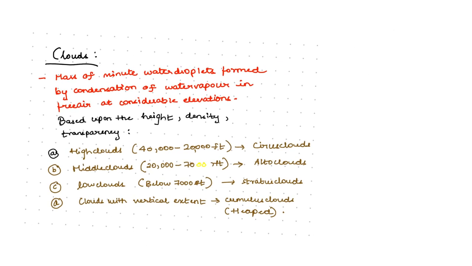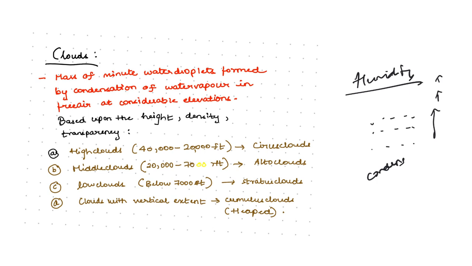If you can remember, in the last class we discussed the concept of humidity. So what is humidity? It is the amount of water vapor present in the air. In the air there are water droplets, and as the air goes up, cooling takes place, and as a result condensation takes place.